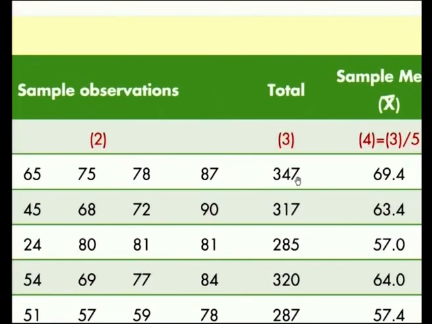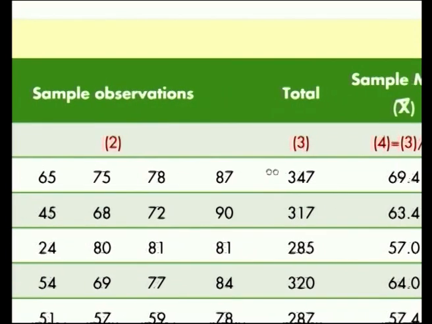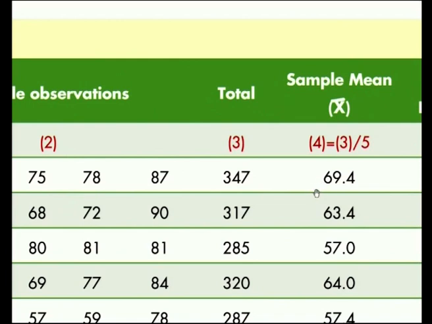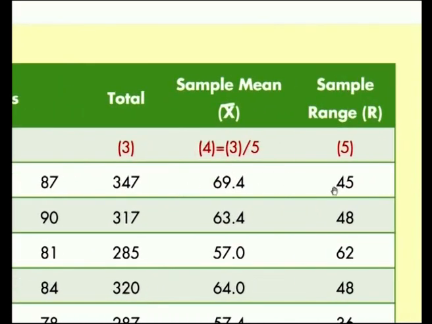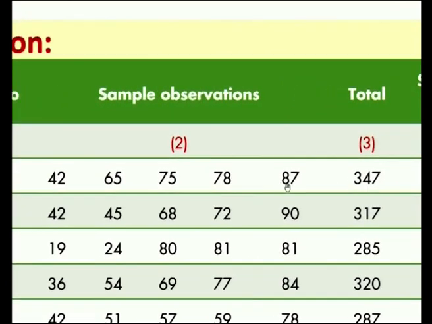The total of these 5 values, 42 plus 65 plus 75 plus 78 plus 87, gives you 347. Then the sample mean: 5 values are added, therefore the total is divided by 5. So 347 divided by 5 gives you 69.4. Then talking about sample range R, what is the maximum value? The maximum value is 87 and the minimum value is 42.